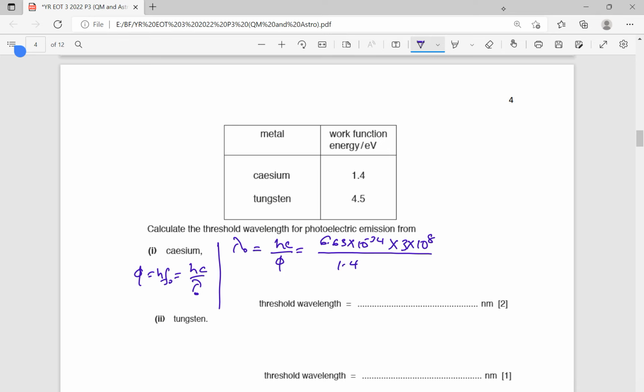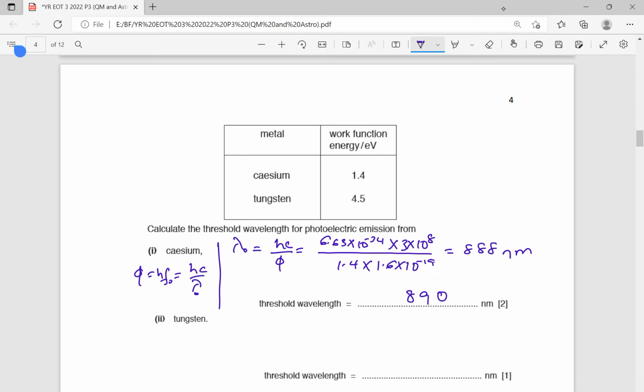So I have to multiply this by 1.6 times 10 power negative 19 to change it to joules from electron volts. When I press my calculator, this gives me around 888, or I can just conclude as 890 nanometers. Of course, I have divided by 10 power negative 9 to change it from meters to nanometers.